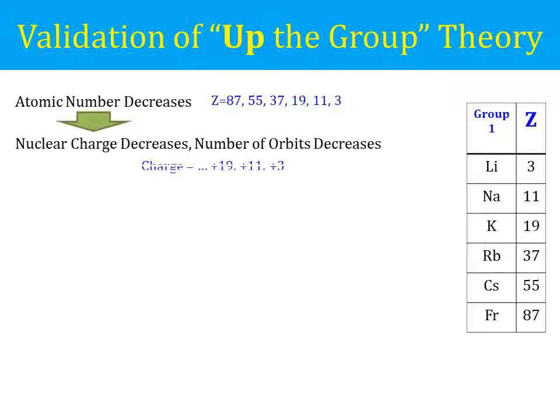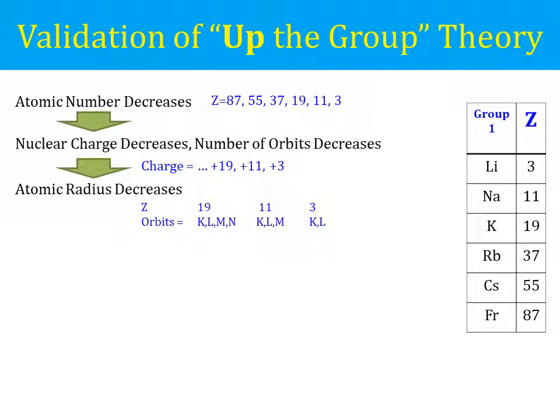Nuclear charge decreases, the number of orbits decreases. So nuclear charge is plus 19, 11, 3. As you can see, the orbits are decreasing, K, L, M, N. So four orbits over here, three orbits over here, two orbits. With the decrease in the number of orbits, definitely the atomic radius will decrease.